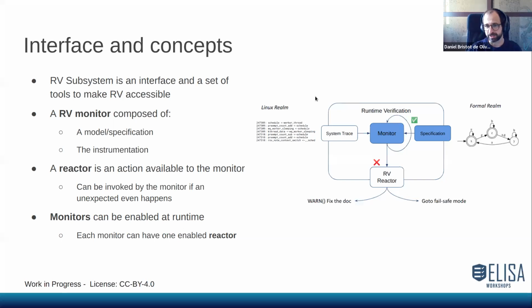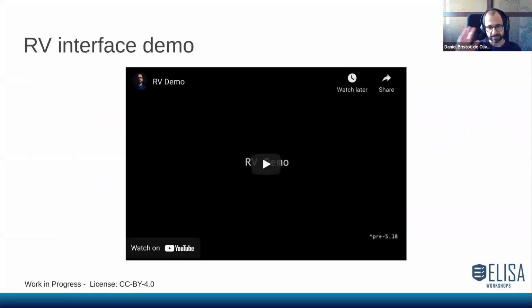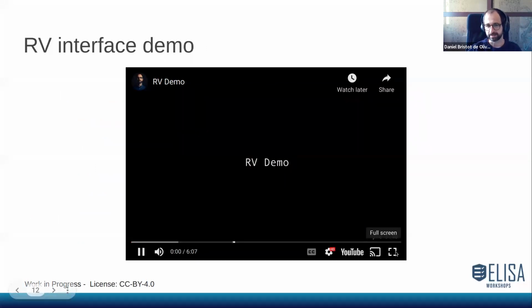The instrumentation and the model running together to monitor the system. Each monitor can have one reaction set. It can say, I want to run the monitor but I do not want to react, or I want to run the monitor and have this specific reaction when something bad happens. But this will get easier when I show the demo.